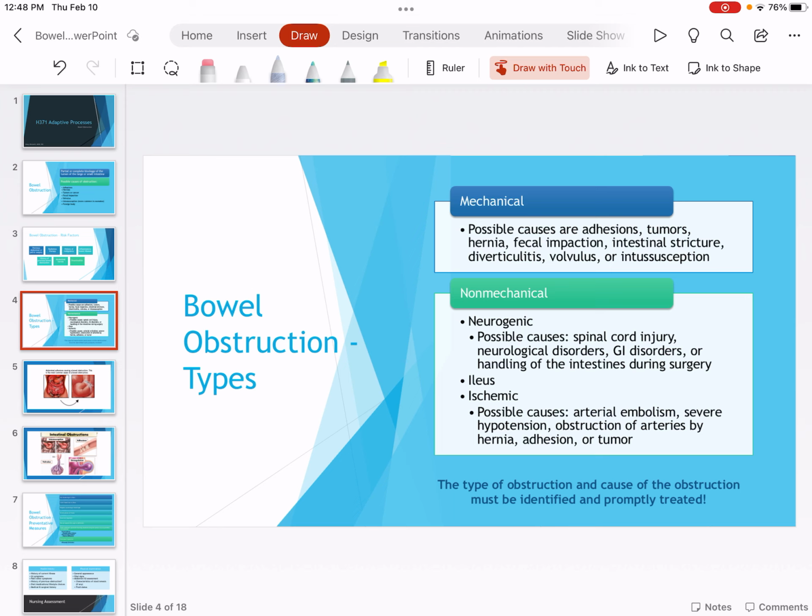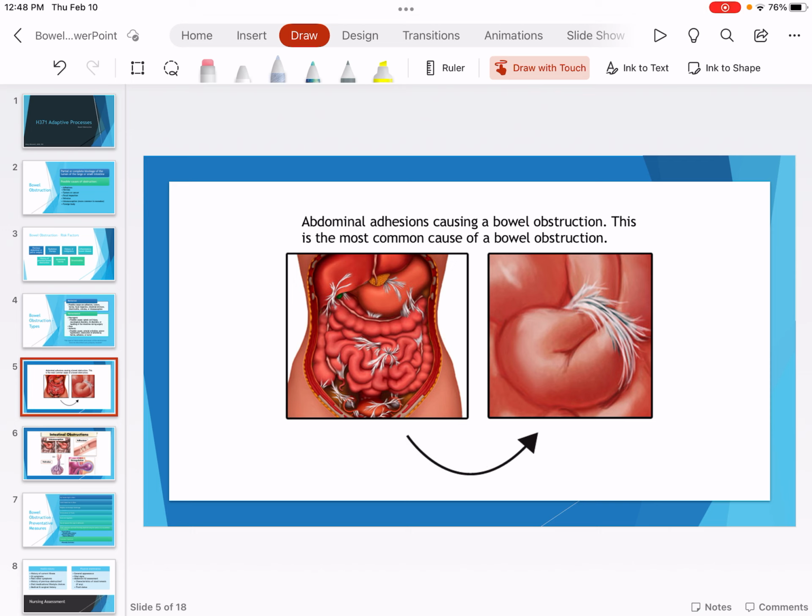So the type of obstruction and the cause of the obstruction need to be identified pretty promptly so that the patient can be treated properly. This image depicts adhesions. Adhesions are basically scar tissue that forms in the abdominal cavity. The most common cause of those forming would be surgical procedures.